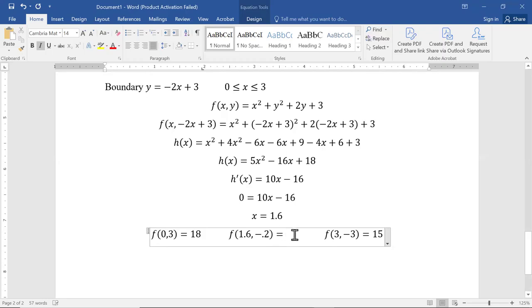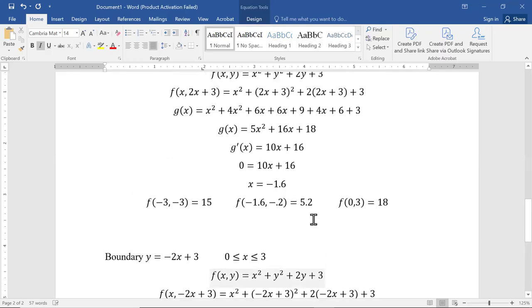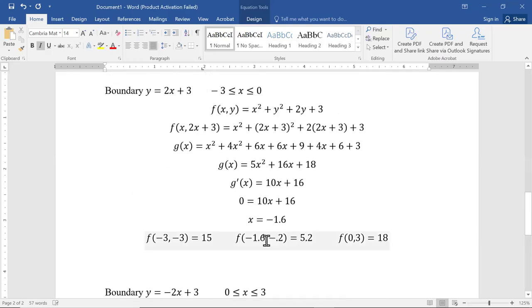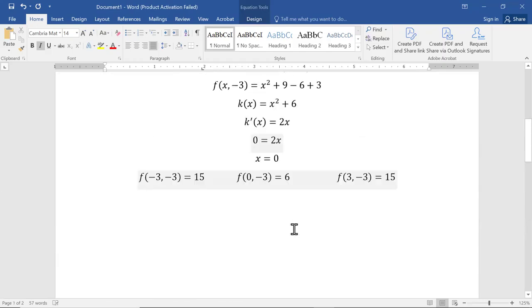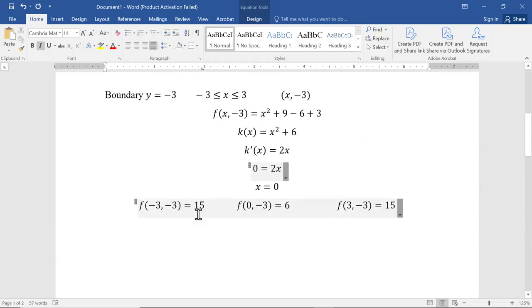So this becomes 5.2, which is the same thing we got here, right? So now we have a bunch of points.